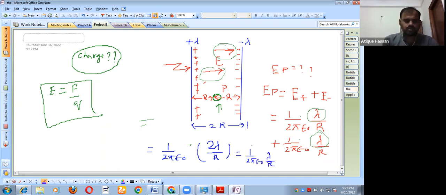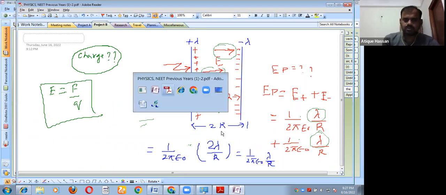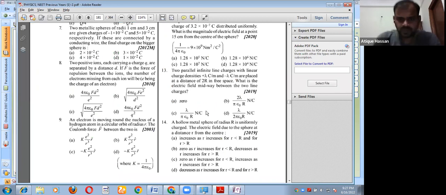So if we see, the correct option is C. C is the correct option. 1 by pi epsilon naught lambda. Right?